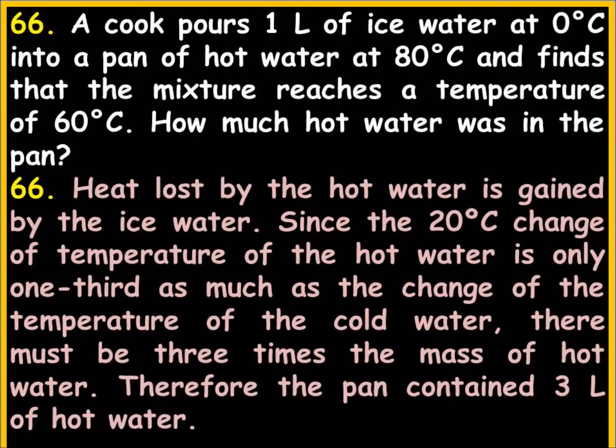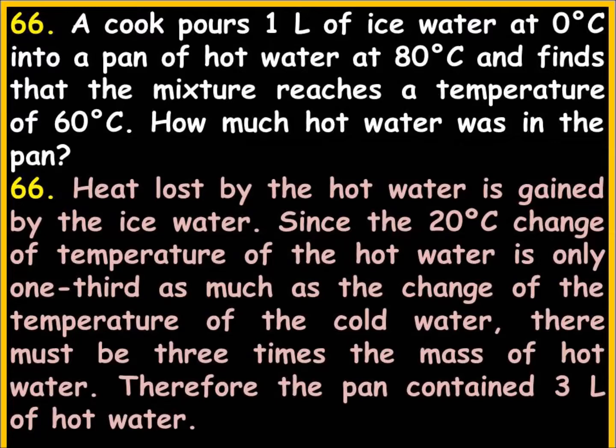A cook pours 1 liter of ice water at 0 degrees Celsius into a pan of hot water at 80 degrees Celsius and finds that the mixture reaches a temperature of 60 degrees Celsius. How much hot water was in the pan? Heat lost by the hot water is gained by the ice water. Since 20 degrees Celsius change of temperature of the hot water is only 1/3 as much as a change of the temperature of the cold water, there must be 3 times the mass of hot water.